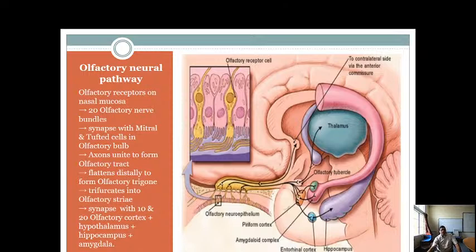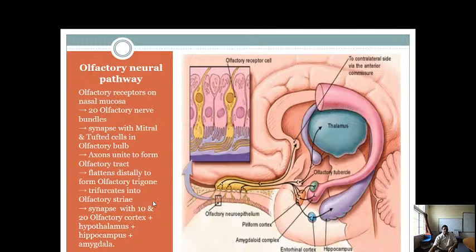Now the olfactory neural pathways. From the nasal cavity, we have seen how it travels through the cribriform plate, the olfactory bulb, and the olfactory tract, in the anterior cranial fossa, and ultimately it flattens a little and then trifurcates into the olfactory striae.